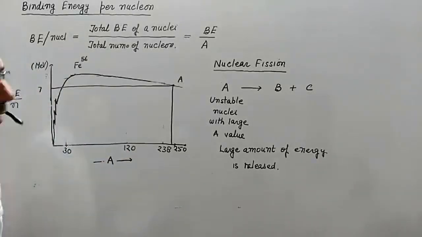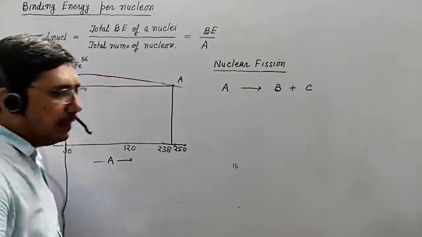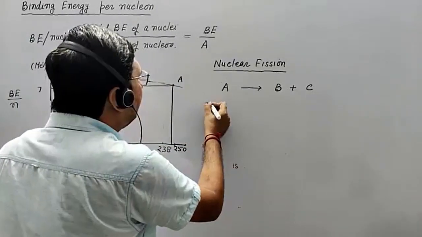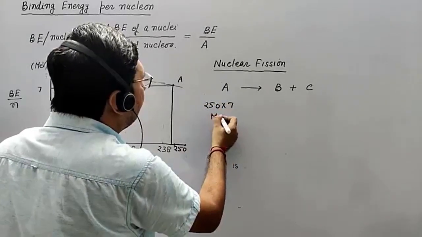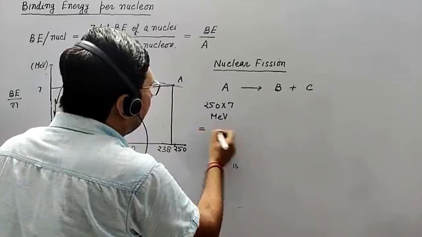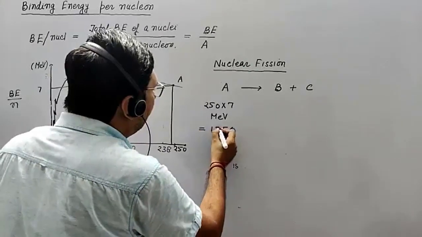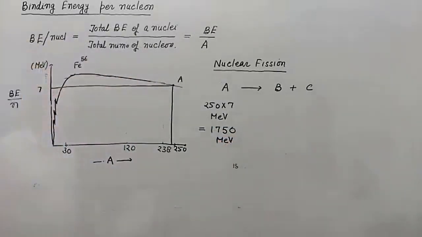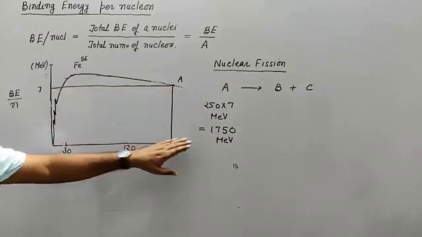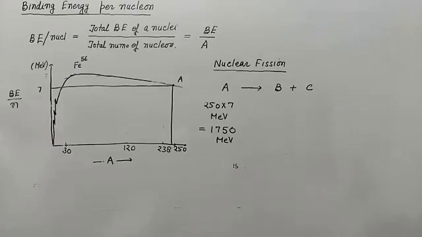What will be the total binding energy of A? That will be 250 into 7 MeV, so total binding energy of this nuclei A will be 1750 MeV.